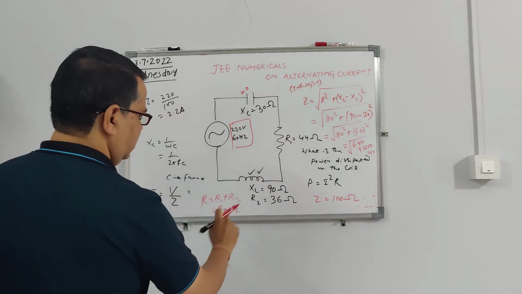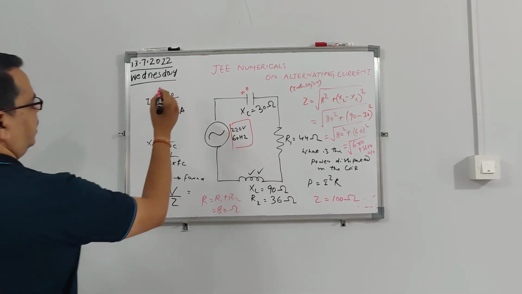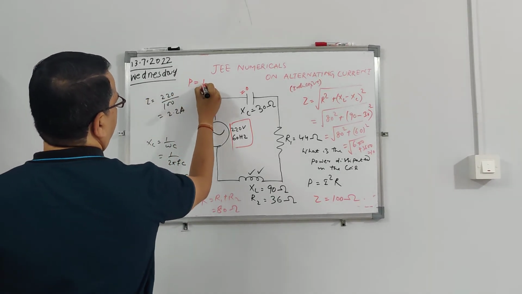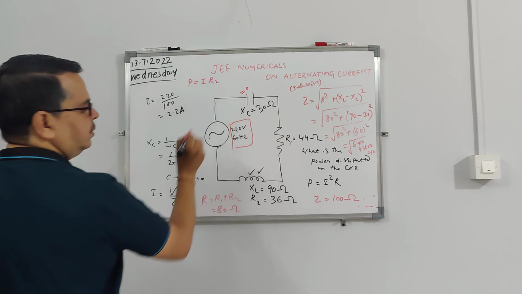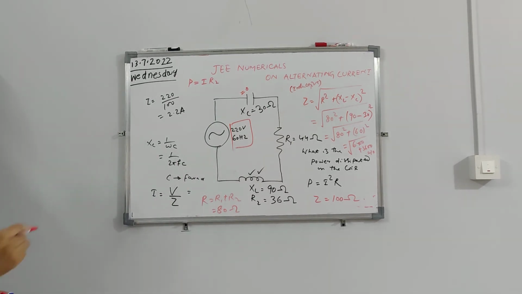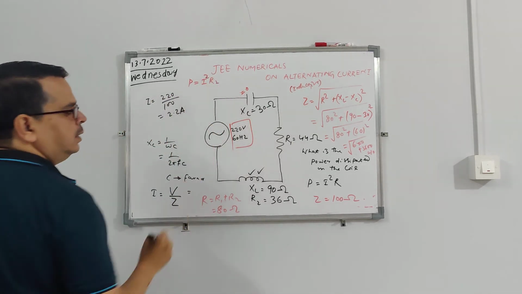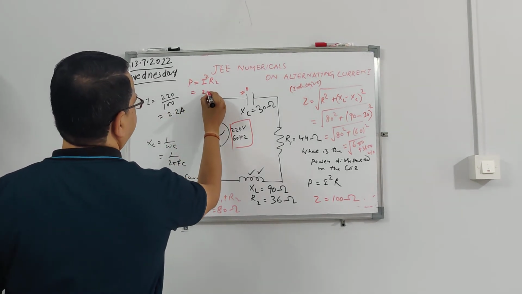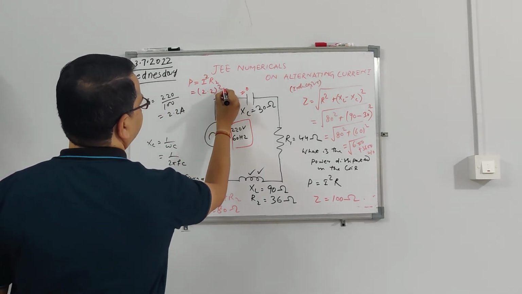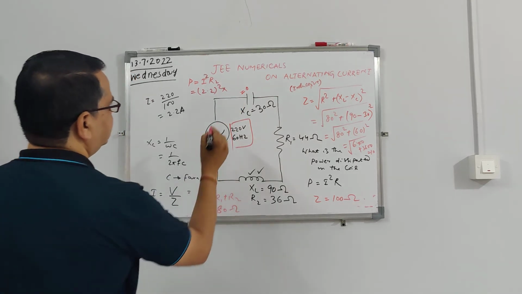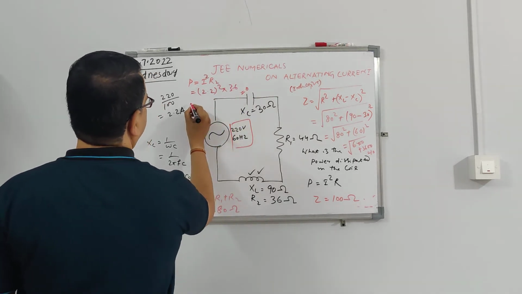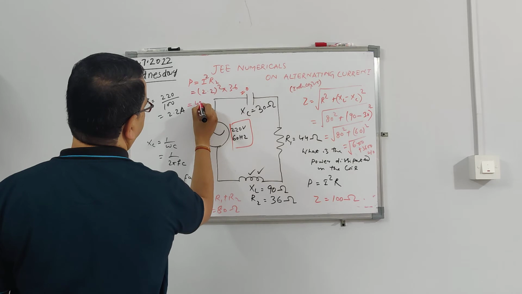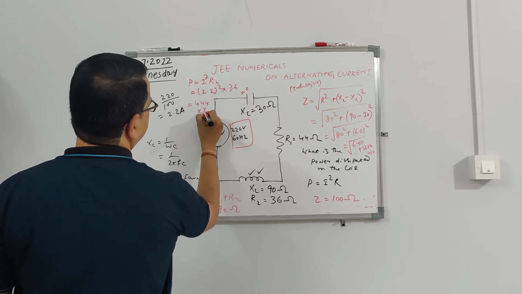But because of R2 there will be some power. That power is nothing but I squared into R2. So your I squared is 2.2 whole squared into your R2, which is 36.